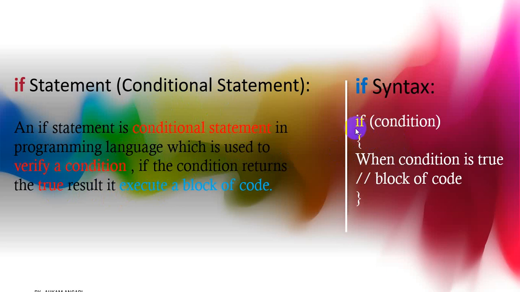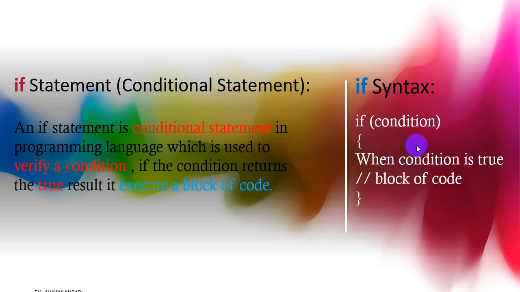This is compulsory: inside the circle brackets you have to put a certain condition, and it will check the condition. If the condition is true, it will enter that block, which is called the true block or satisfied block, and it will execute this line of code.